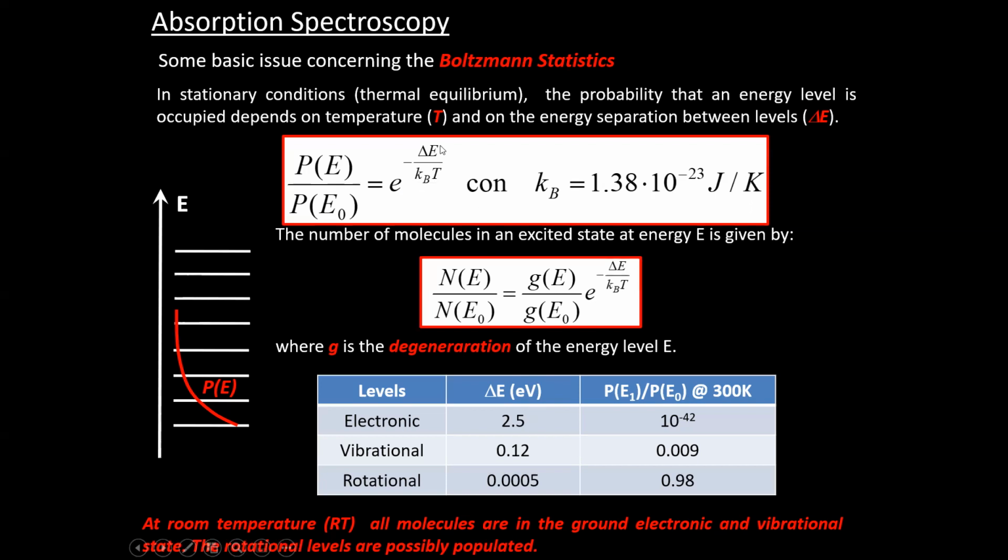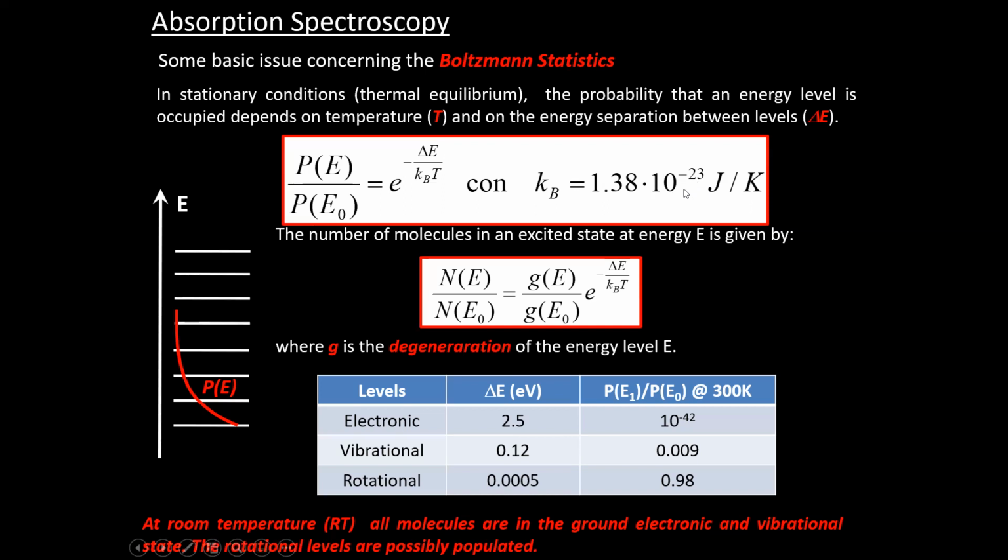Okay? And I remind you that if you want to pass from electron volts to joules, you have to multiply by the charge of the electron. So 2.5 electron volts is 2.5 times 1.6 × 10⁻¹⁹. And you see that, therefore, at the numerator you have something of the order of 10⁻¹⁹.